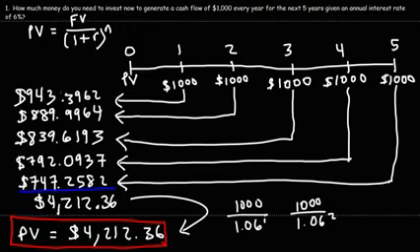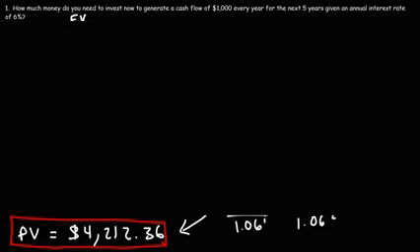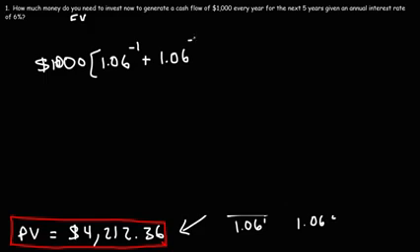If you don't want to draw the picture, you can also calculate it this equivalent way. You can take the cash flow, which is 1,000, and then multiply it by 1.06 raised to the minus 1 plus 1.06 raised to the minus 2 plus 1.06 raised to the minus 3, and then do this all the way to 5.